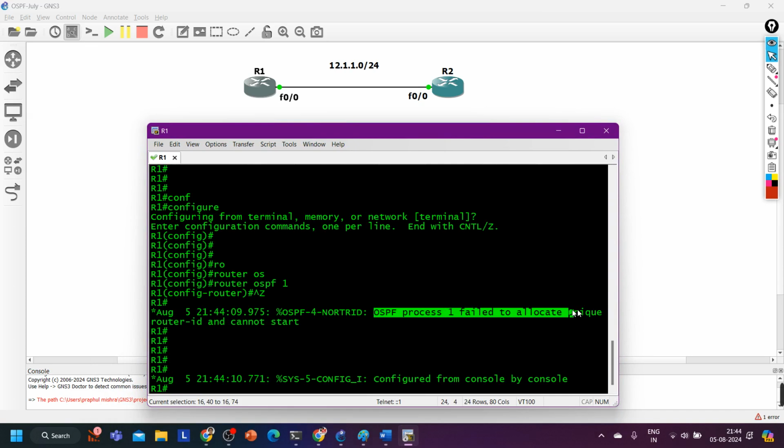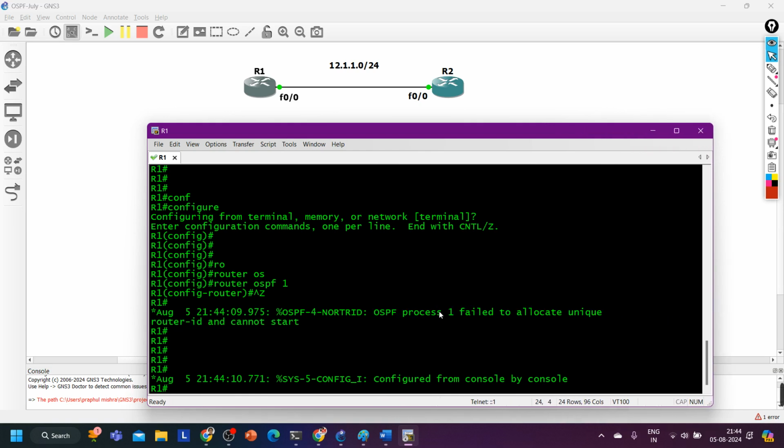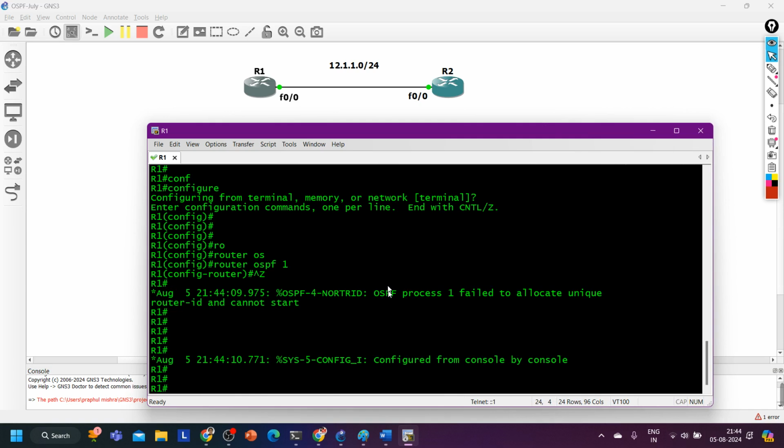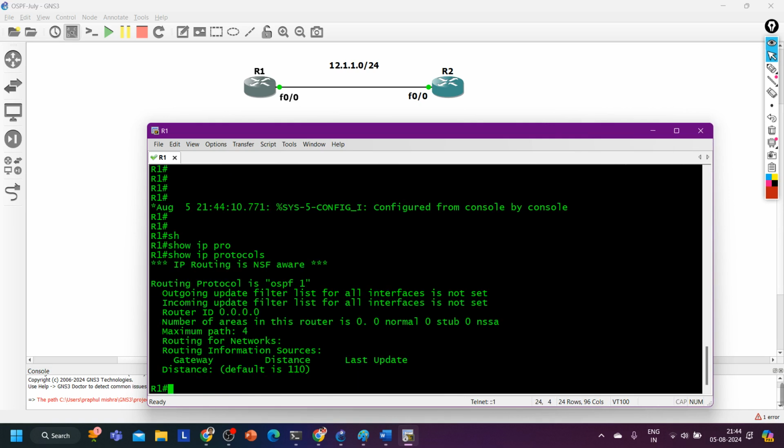OSPF process 1 failed to allocate unique router ID. So that's why this router cannot start the OSPF process. Getting my point? Router 1 is not able to elect a router ID. So IP protocol. What is the router ID?